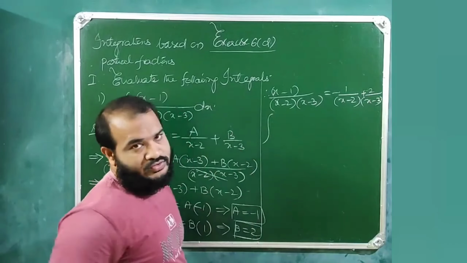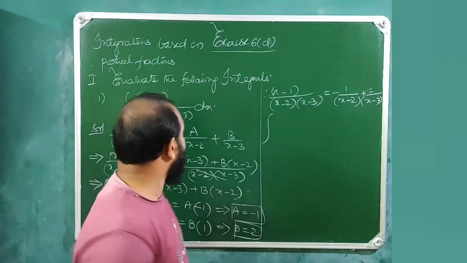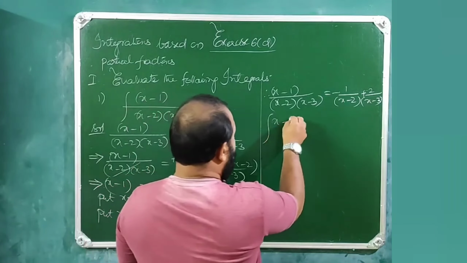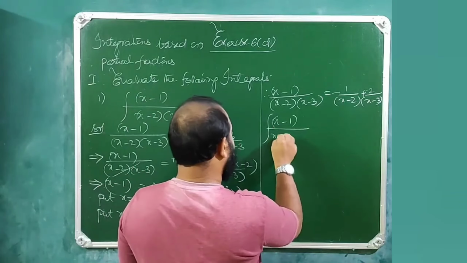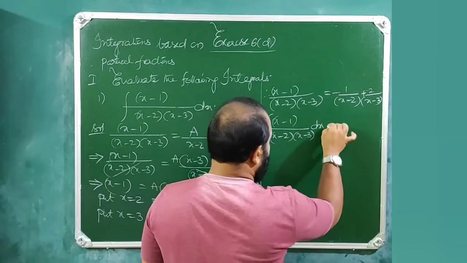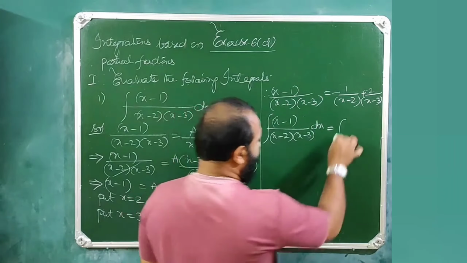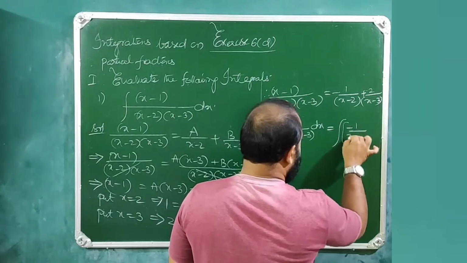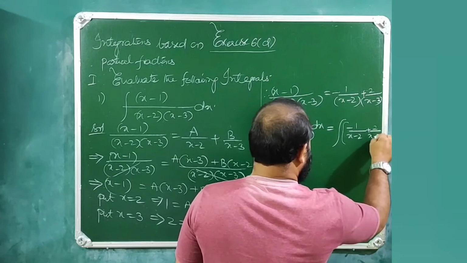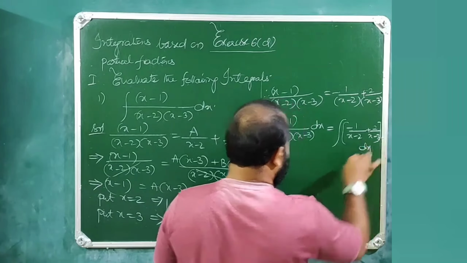Now integrating on both sides. Because this is the question: integral of x minus 1 by x minus 2 into x minus 3 dx. This is equal to integral of minus 1 by x minus 2 plus 2 by x minus 3 dx.